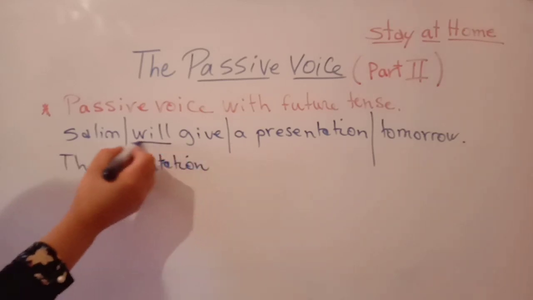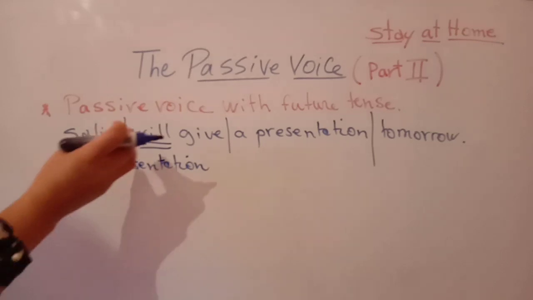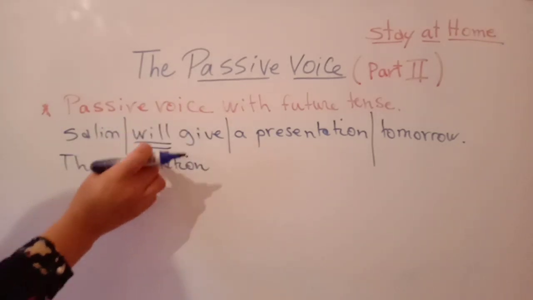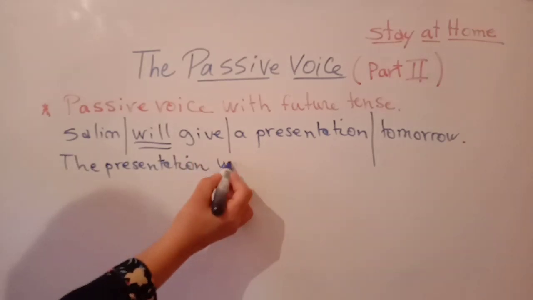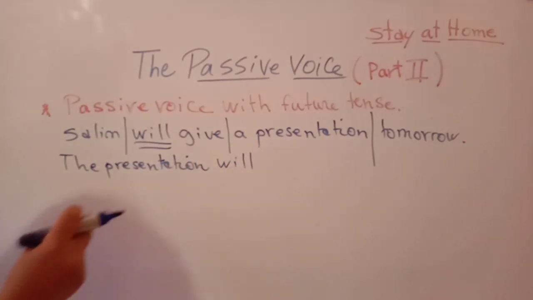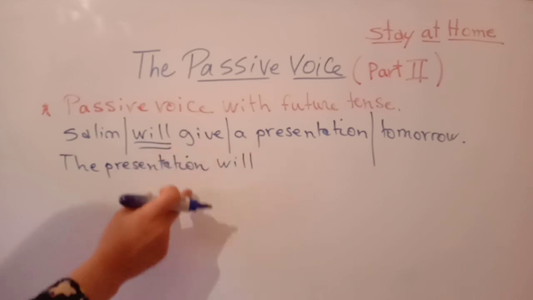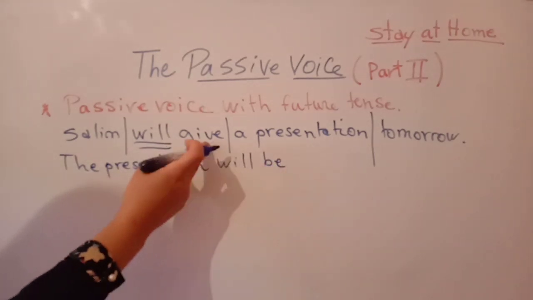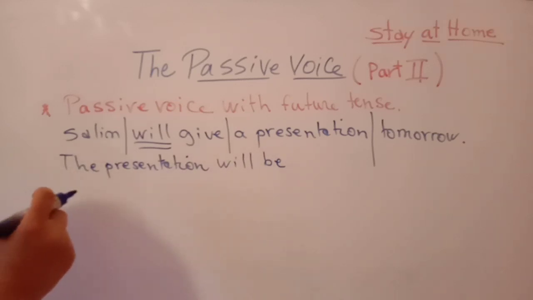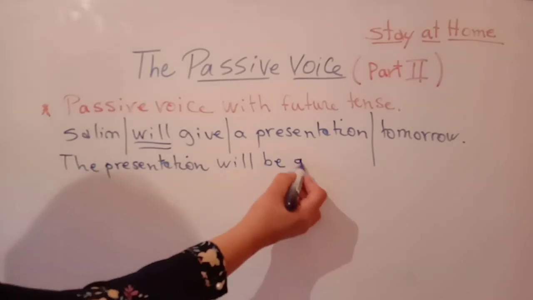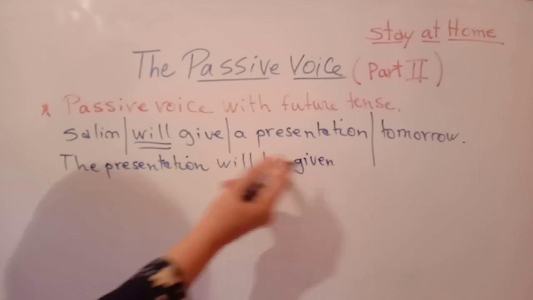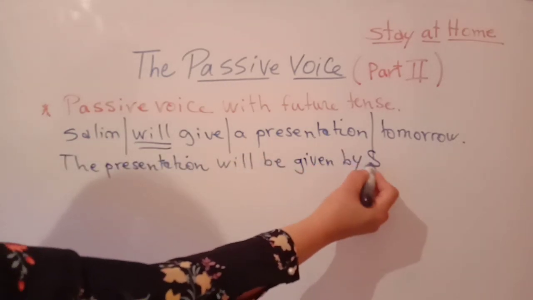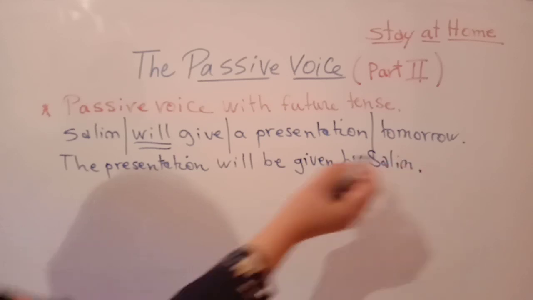So here we have a modal verb. So when you have a modal verb, no change, okay? The presentation will, okay? Give is infinitive, so to be should be infinitive, will be, plus past participle of the verb which is given. By who? By Salim.